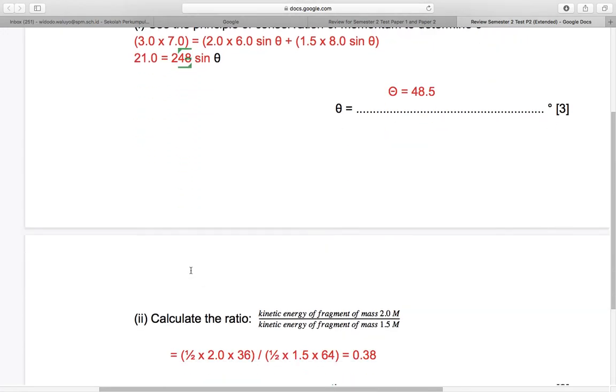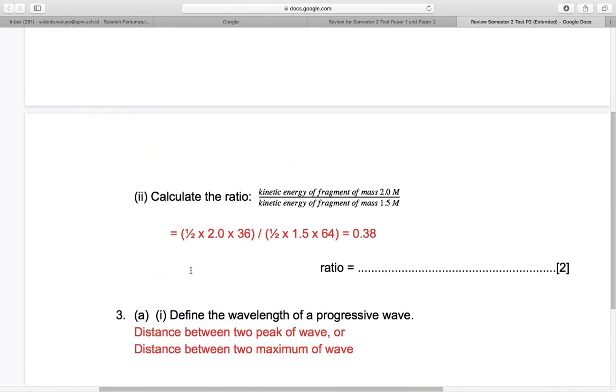So, other question: calculate the ratio of the kinetic energy of the fragment of mass 2.0 m and the kinetic energy of the fragment of mass 1.5 m. We actually only divide the mass and velocity in this ratio.